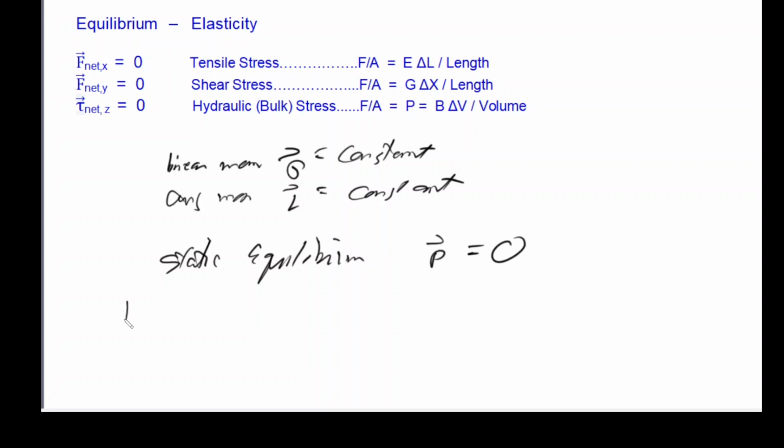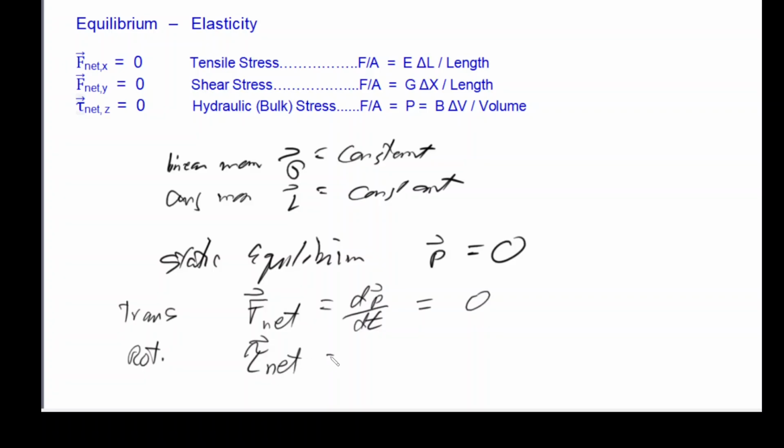So what that means is, for translational motion, the net force acting on the body, which is also dP/dt, is equal to 0 in equilibrium. And for the rotational aspect, the net torque acting on the body, which is dL/dt, has to equal 0.